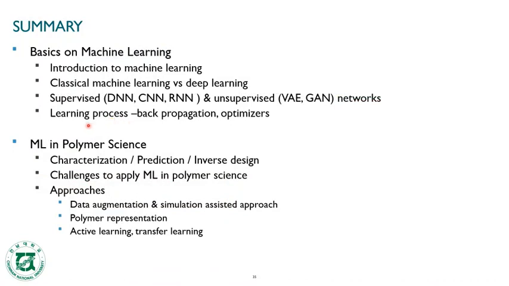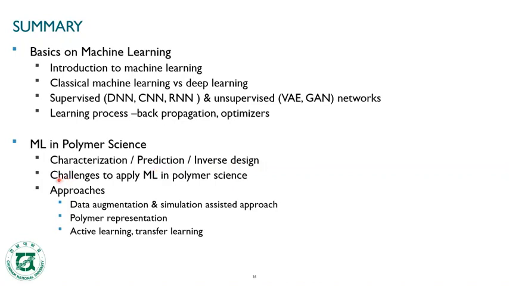Okay, so let me summarize this lecture. Here we learned the basics of machine learning: what machine learning is, what classical machine learning is, and then I showed examples of supervised and unsupervised neural networks, and what the learning process means with backpropagation optimizers. In the next step, we went through how machine learning can be used in polymer science, and three different examples of characterization, prediction, and inverse design were introduced.